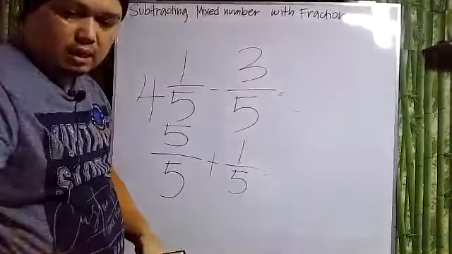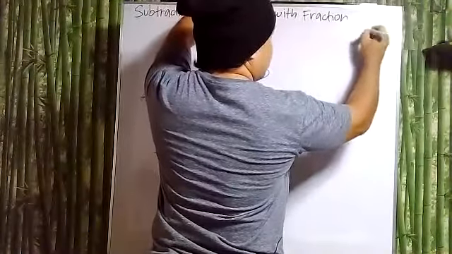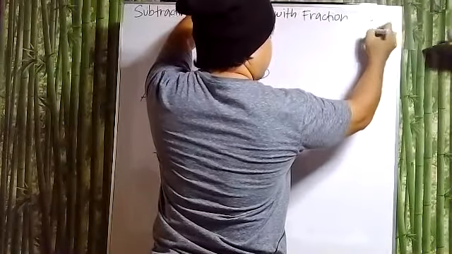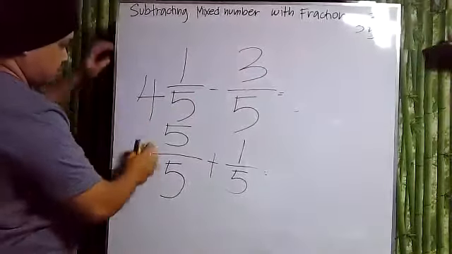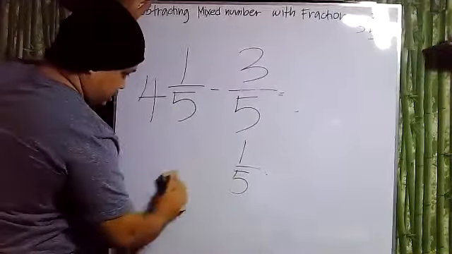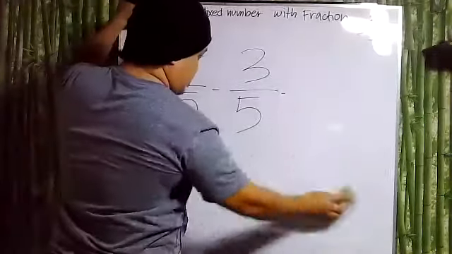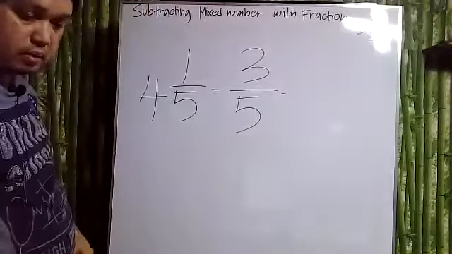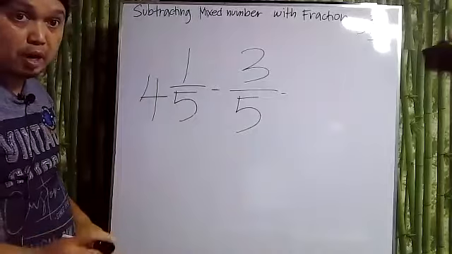Let's just copy here for our answer, which is 3 and 3/5. Now let's use the other method in answering this, by changing this mixed number into an improper fraction.